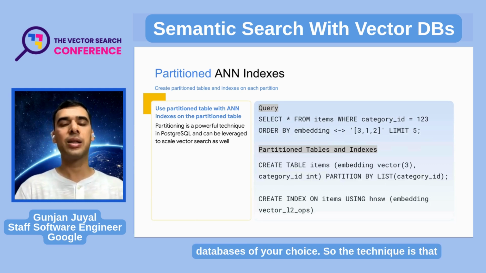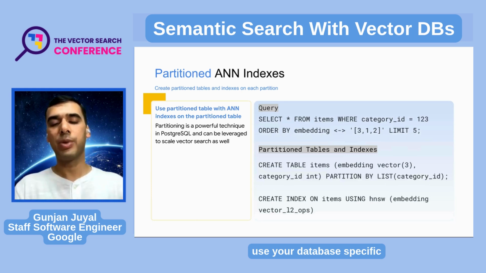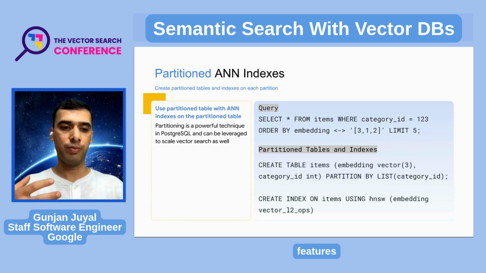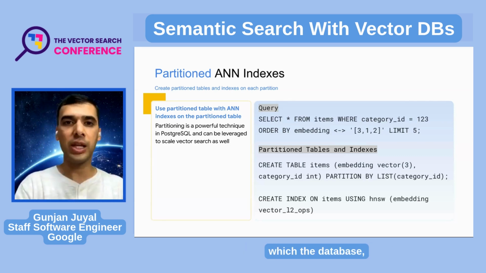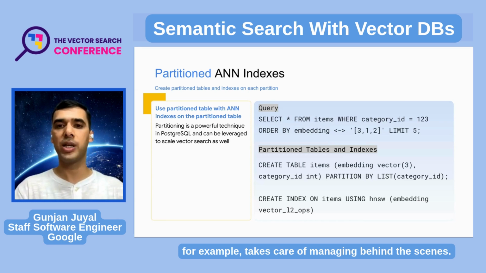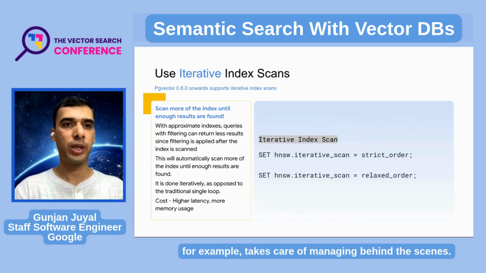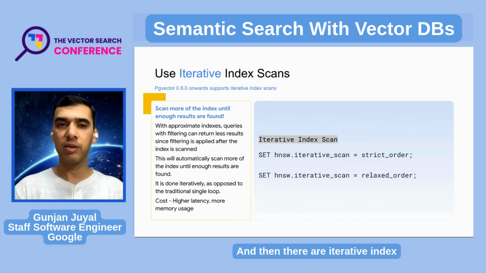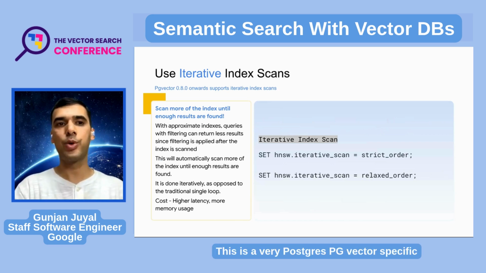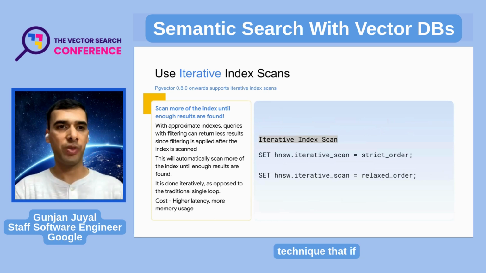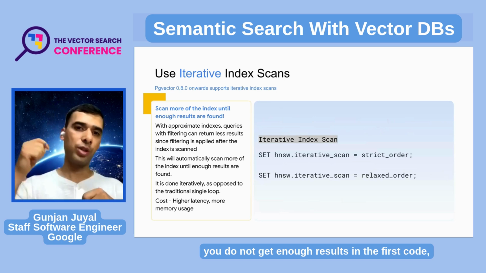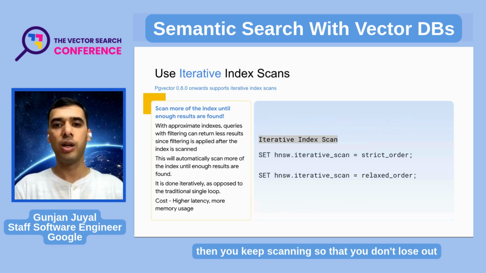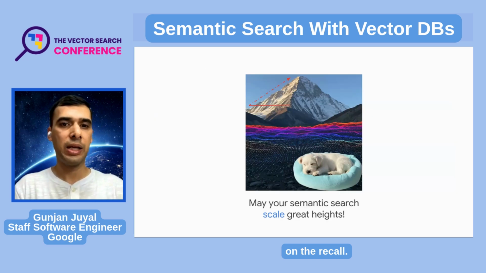So the technique is to use your database specific features to create partitioned indexes, which the database, for example, takes care of managing behind the scenes. And then there is iterative index scan. This is a very pgvector specific technique, that if you do not get enough results in the first go, then you keep scanning so that you don't lose out on the recall.